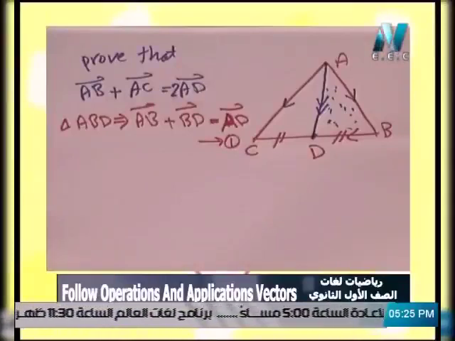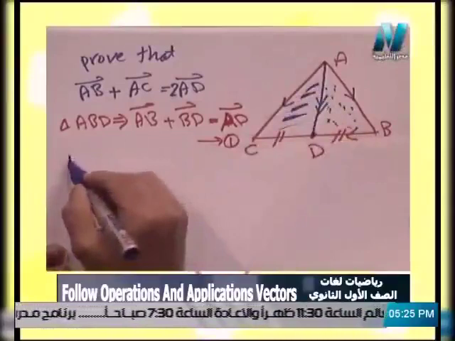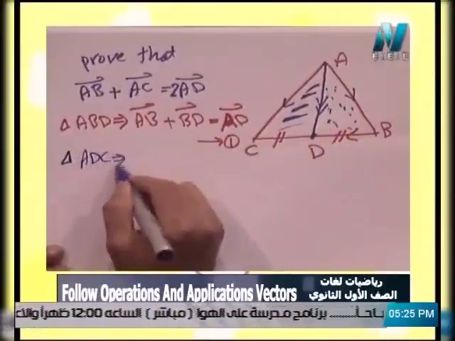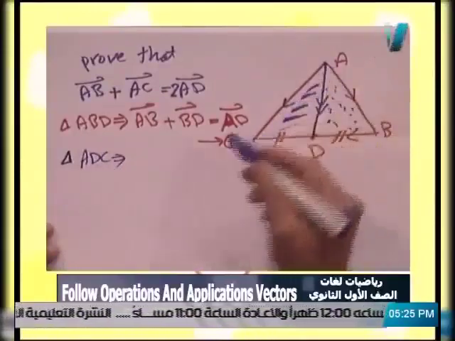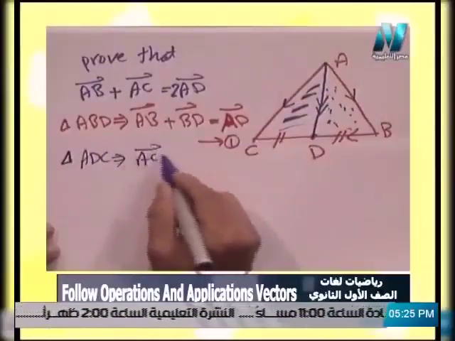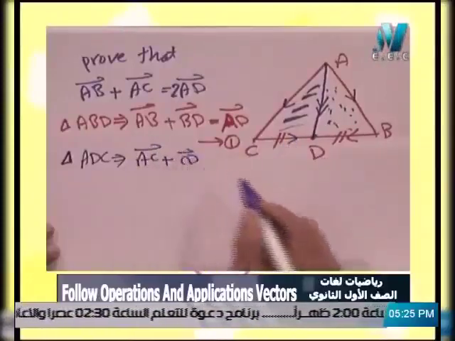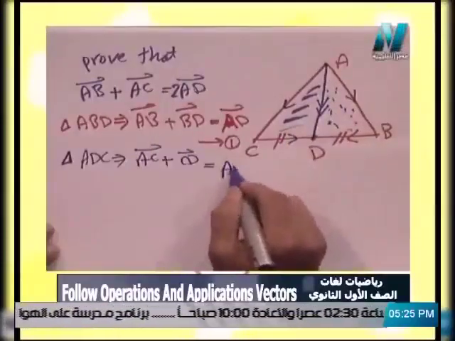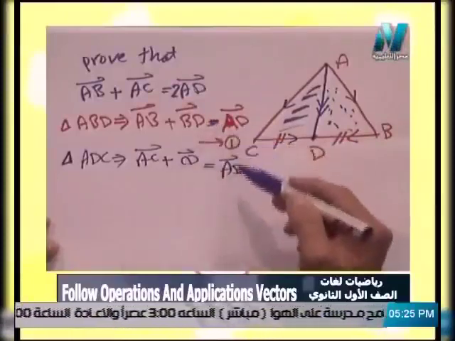We can use the other triangle here, ADC, and we will have the vector AC plus the vector CD, of course, equal to the vector AD. Look at the right side.